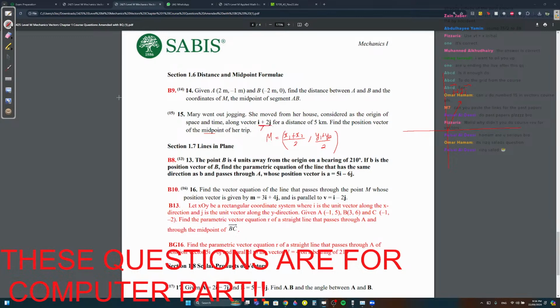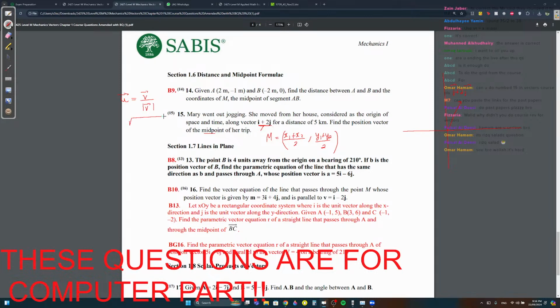How do you find the unit vector u of I plus 2j? You know that the unit vector u is equal to the vector divided by the magnitude of the vector. The magnitude of I plus 2j is the square root of 1 squared plus 2 squared, which is radical 5. So the unit vector u is 1 over radical 5 I plus 2 over radical 5 j, right?